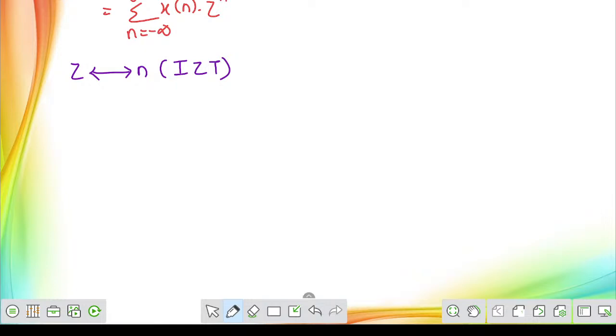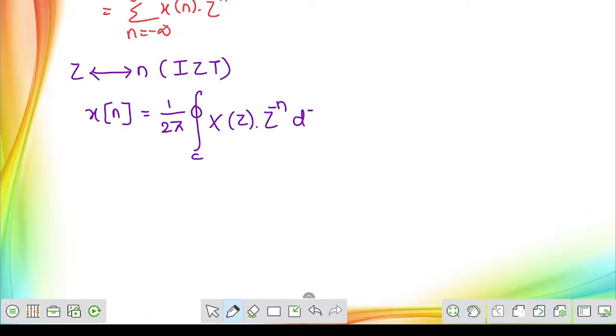What is the formula, sir? In order to obtain the equivalent value in n domain, the corresponding formula is 1 upon 2 pi, the same formula. So here we will be following a closed circle. We are always forming a circle in Z transform. We will come to know. Hope many of you have studied these things. X of Z into Z power minus n with respect to dz.